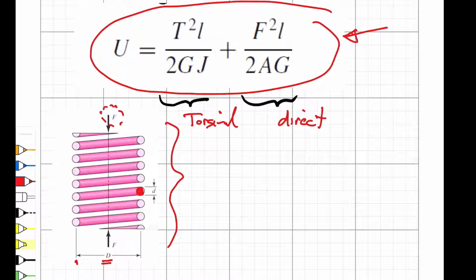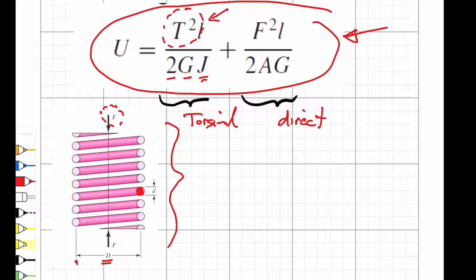It turns out that what you really want to do is integrate the stress times the strain over the entire volume of the sample. But we are assuming that there's no change in those stresses and strains as we move through the coils of the coil spring. And so this becomes a much simpler problem where we are simply going to integrate the torque that we are applying squared divided by twice the shear modulus and the polar moment of inertia.